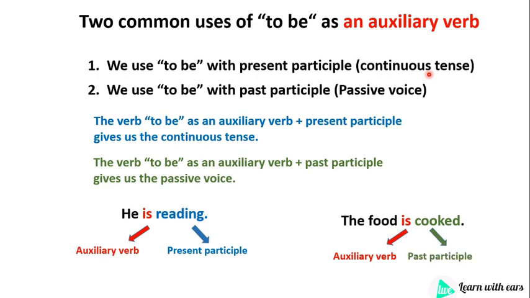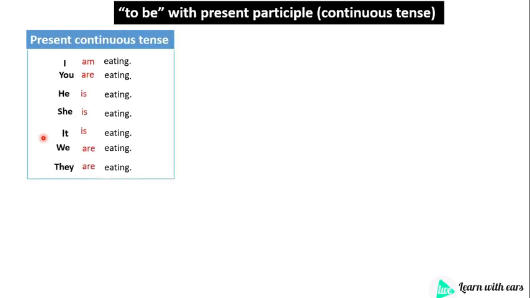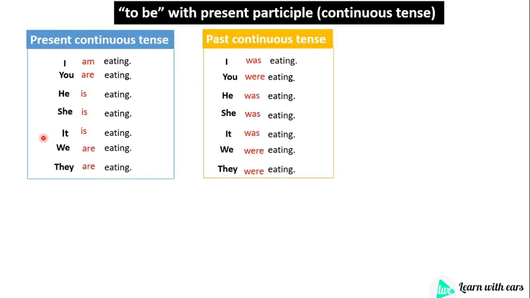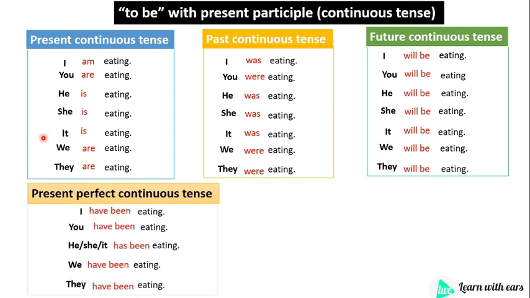Cooked is past participle, main verb with ed form. Now let's see verb to be with present participle: present continuous tense, past continuous tense, future continuous tense, and present perfect continuous tense.